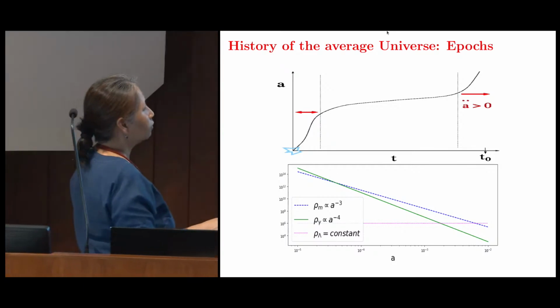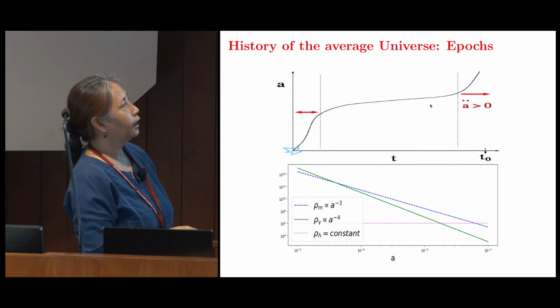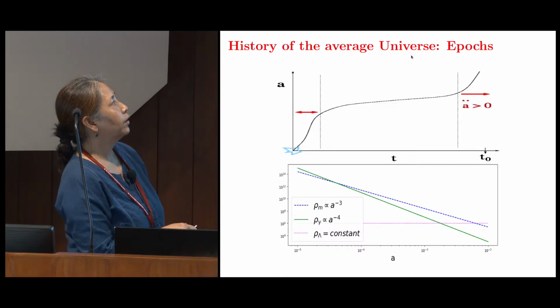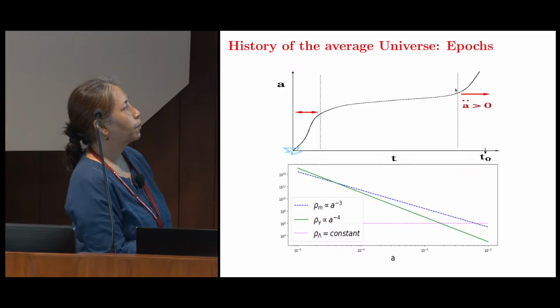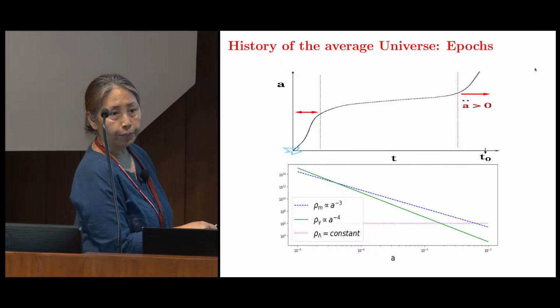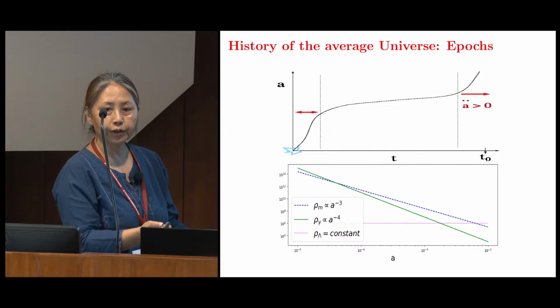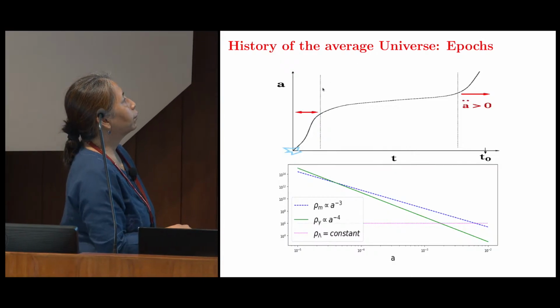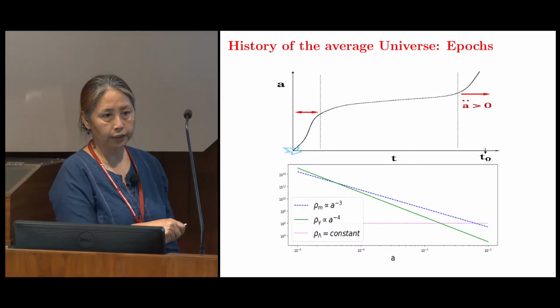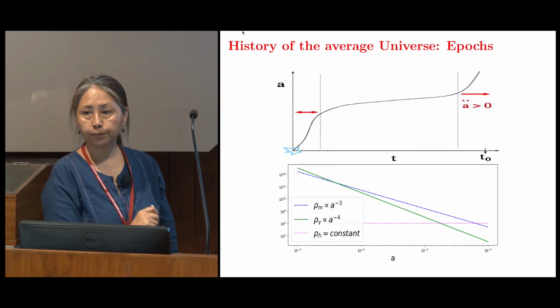Till today we have covered this epoch, and we have not covered the present epoch because we need more observational data for that, and we have not covered this epoch. So I hope to cover them in the next lecture, and say something about those.